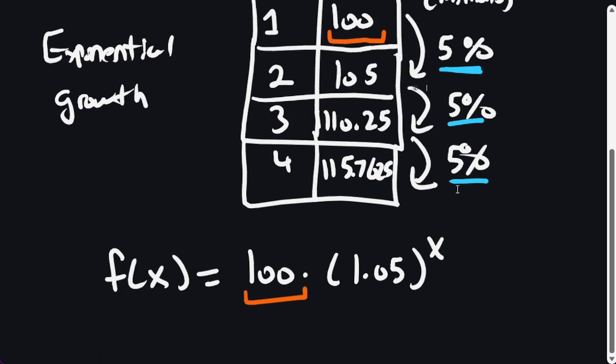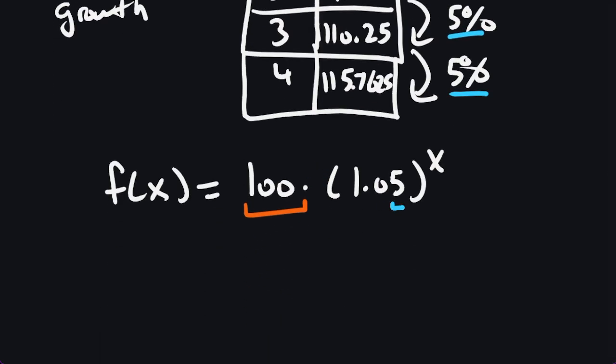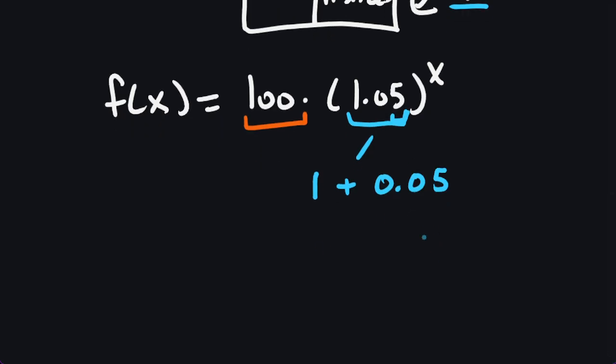And where do we see a 5? Right here, 1.05. What is 1.05? Another way to write this is 1 plus 0.05. And what is 0.05? That's just 5%, or 5 over 100.